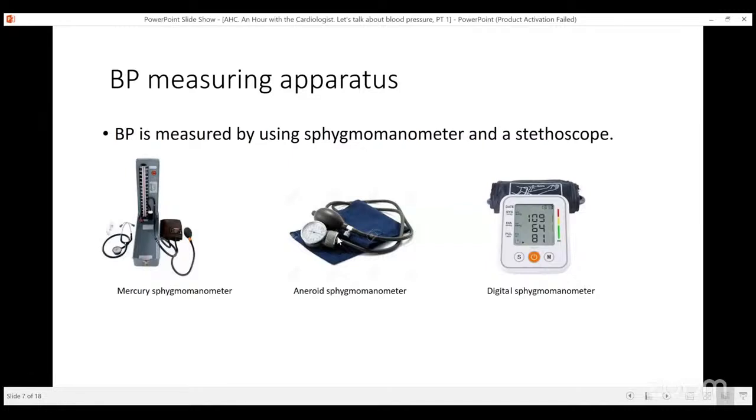Now, the digital sphygmomanometer being shown here is the one that you put around your arm. The brachial artery is still the target there. But we now have the wrist one. You just put it on the wrist.